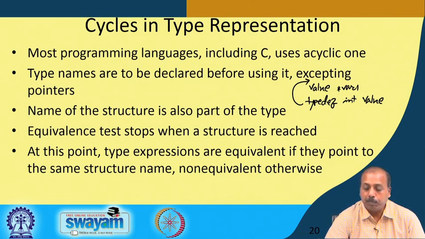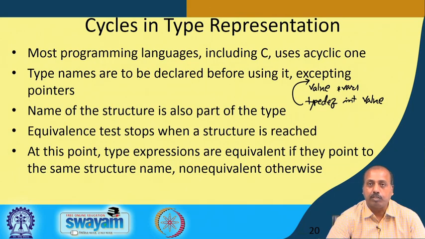But the compiler designer does not know the actual type of var1. If it is looking for name equivalency, it is fine, but if it is looking for structural equivalency of var1 with something else, it will not be able to do that, because it does not know the definition of value at this point of time. That way it can be problematic.